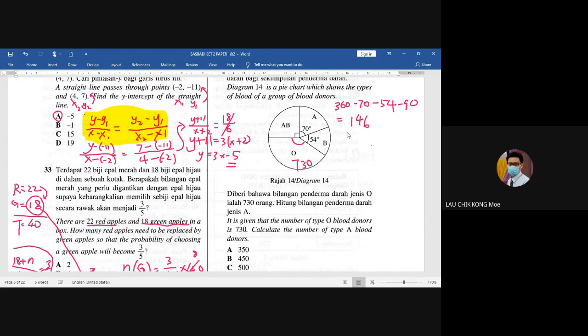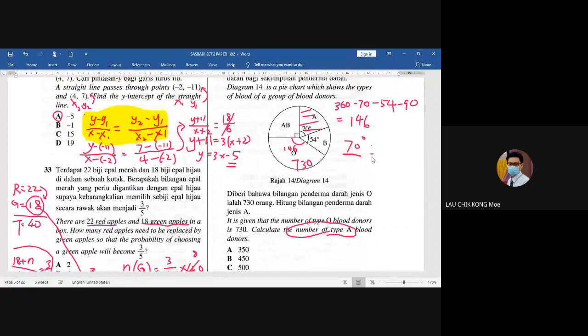So here is 146 degrees. We want to find the number of type A blood donors. So for this one we use a ratio. For group A, the donor A, the angle is 70.